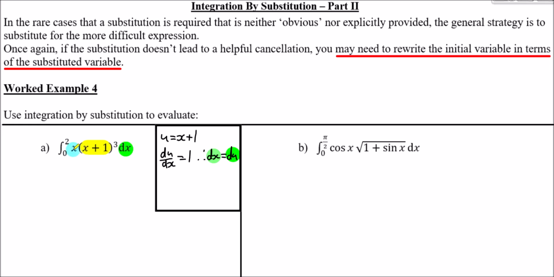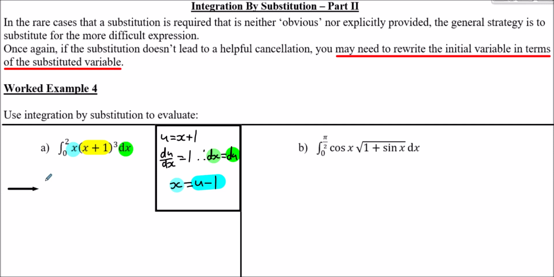And so x, if I just subtract 1 from both sides, it's fairly obvious, I should hope, that from our substitution, x will simply be u minus 1. So we're ready to rock.